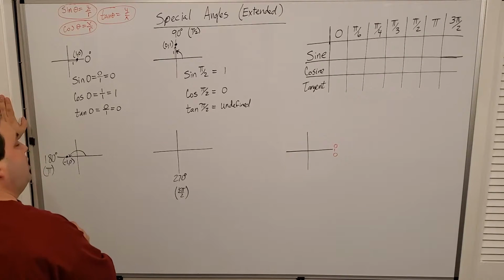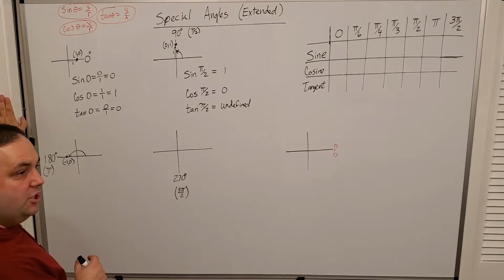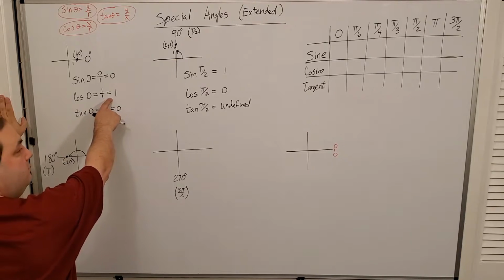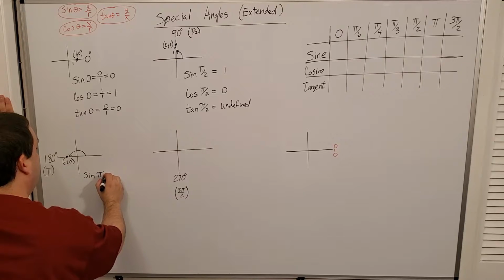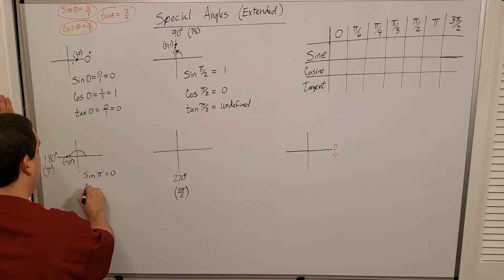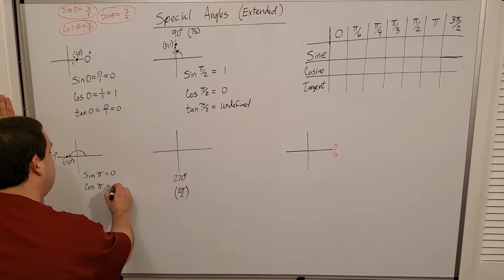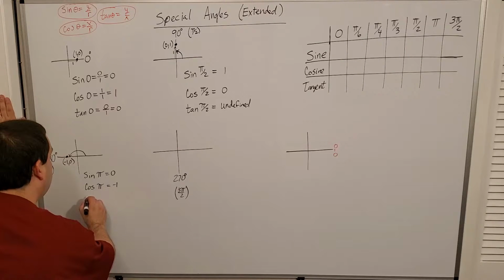So the only thing that's going to change is the sign of the cosine. So the sine of pi, 180 degrees, is 0. The cosine of pi, 180 degrees, is negative 1. And the tangent of pi radians is again 0.